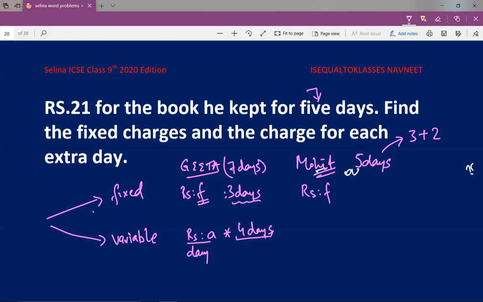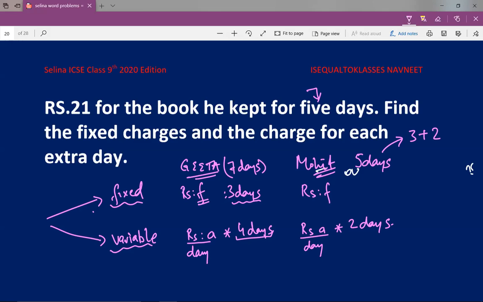So the additional charge, the variable charge would be rupees A into, this is rupees A per day, into 2 days. I hope you are getting the drift.